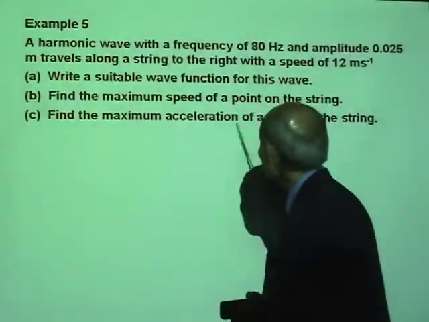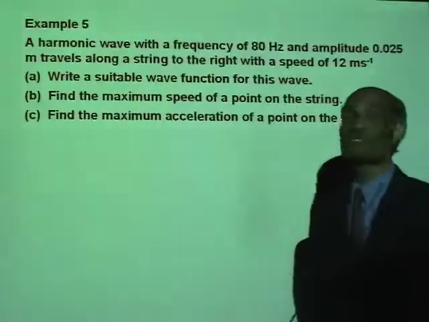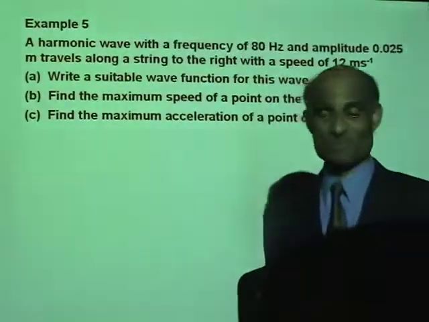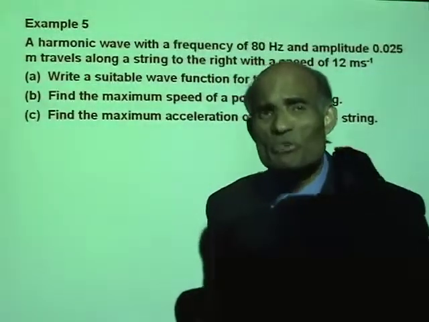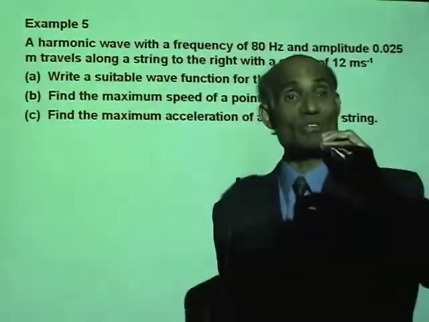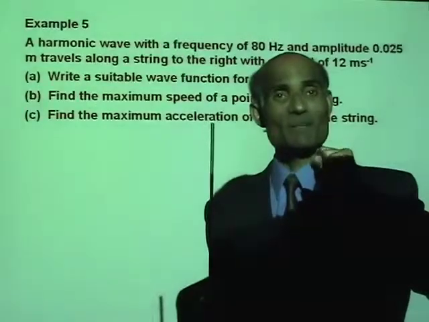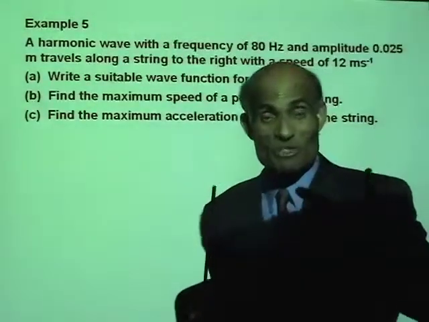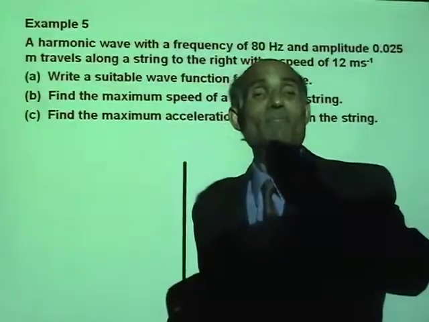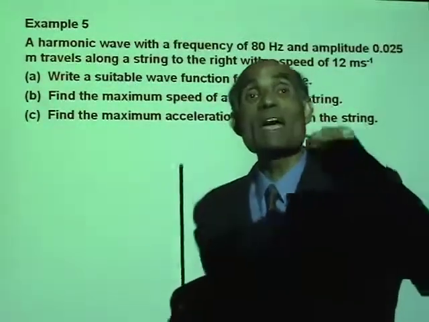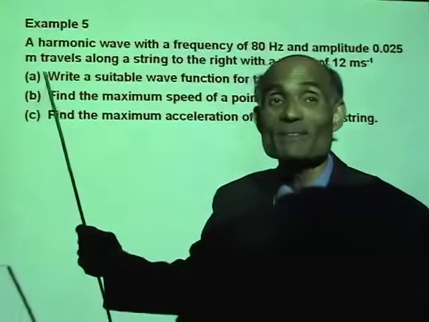Find the maximum acceleration of a point on the string. Well, do you remember the equation for maximum speed or maximum velocity? Maximum velocity of simple harmonic motion is A omega. And maximum acceleration is A omega squared.